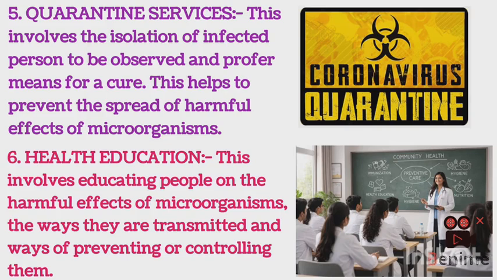Quarantine simply means setting aside someone who is infected or suspected of having an infection, in a special place to observe them and give them a cure. These services were used when there was coronavirus. If anyone was coming into the country, they were put in a place for a week or two to observe whether they would show any symptoms of the coronavirus. So that is quarantine.